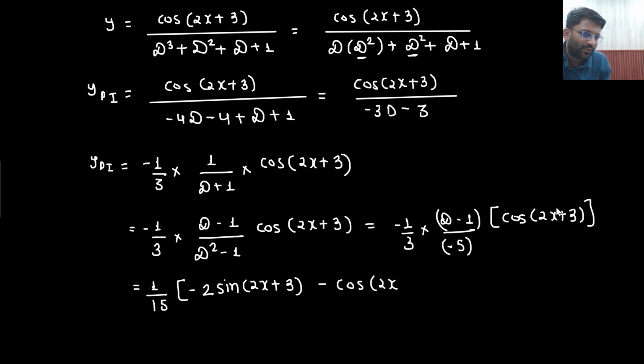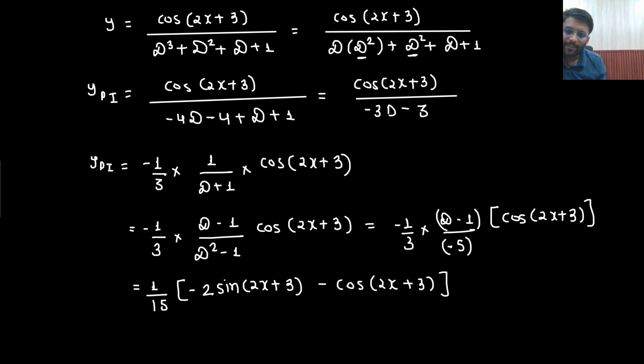Because D multiplied with cos 2x plus 3 means you need to differentiate it. Minus 1 multiplied with cos 2x plus 3 will come directly. D means dy dx, so you differentiate cos of 2x plus 3 and get minus 2 sin 2x plus 3, because differentiation of cos is minus sin, and differentiation of 2x will be 2 only.